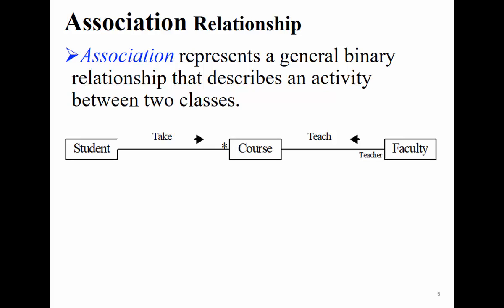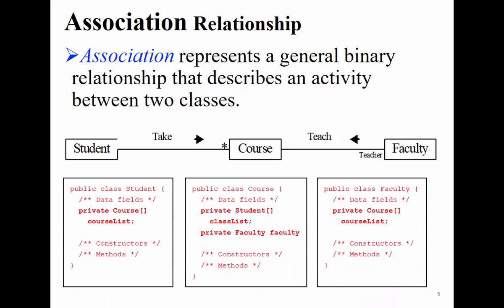So if you have students as a class and you have courses as a class, the relation between the student class and the course class is takes. So the student takes a course. But faculty members teach a course. So the relation between the course and the faculty member or the teacher is different, it is teaching the course. This is an example of an association relation.